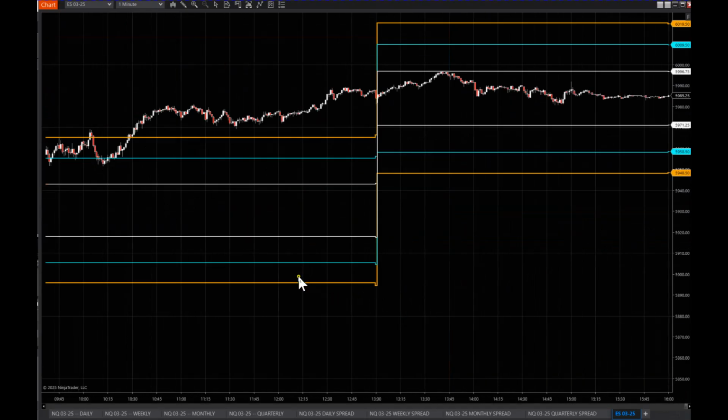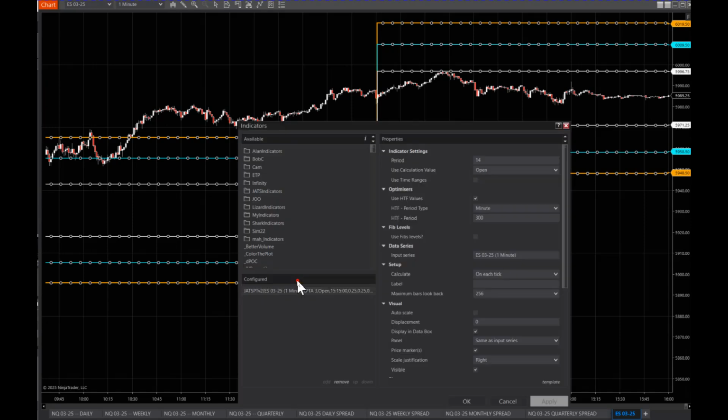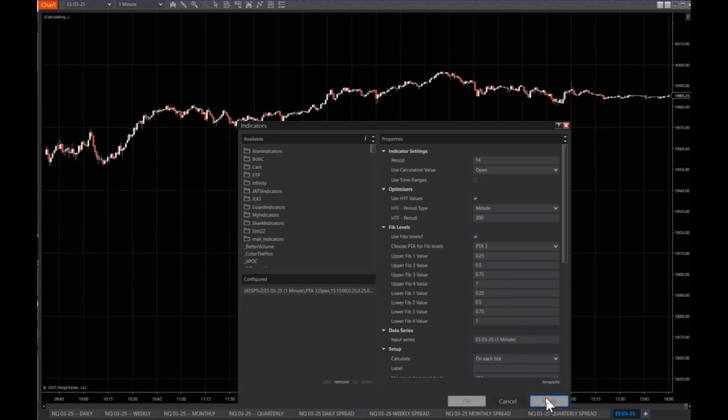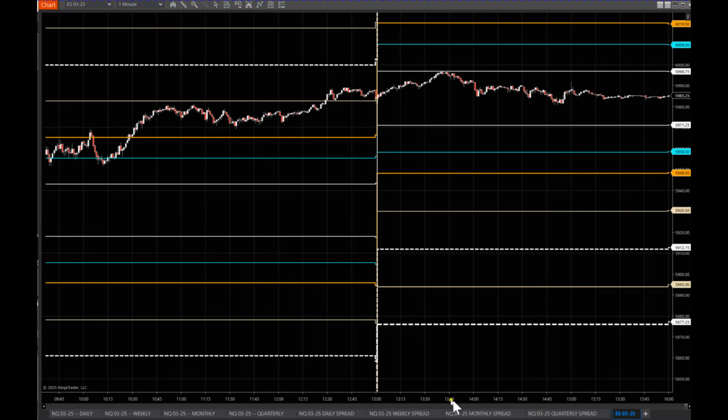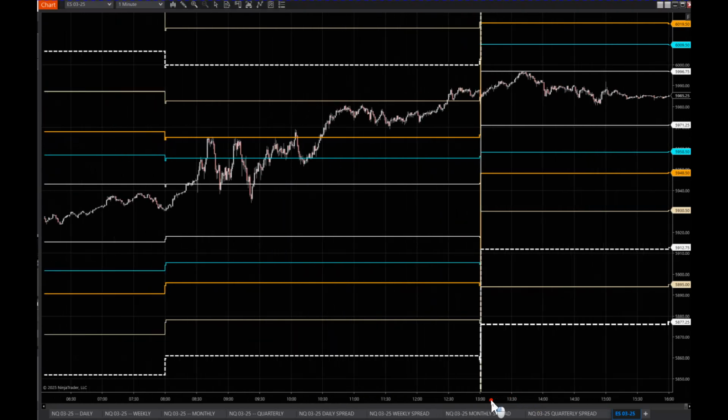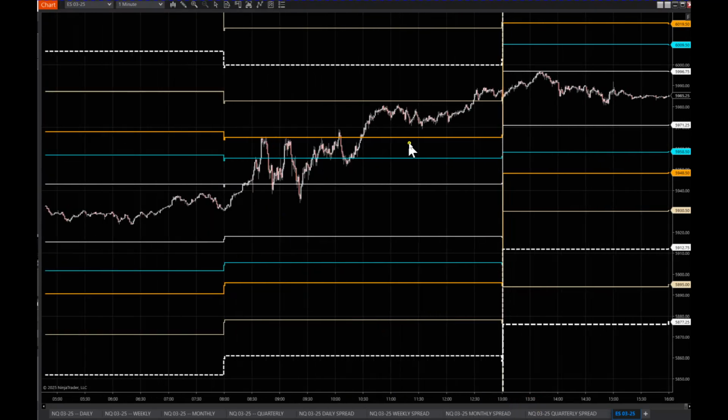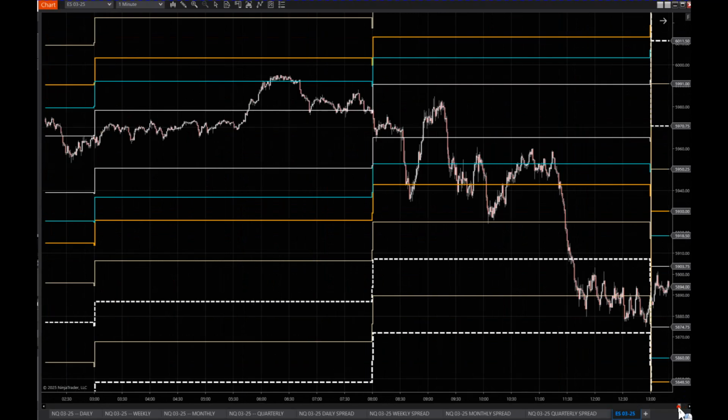So what we do is we add tails, because the market will likely trade to a measured move up or down from that level.